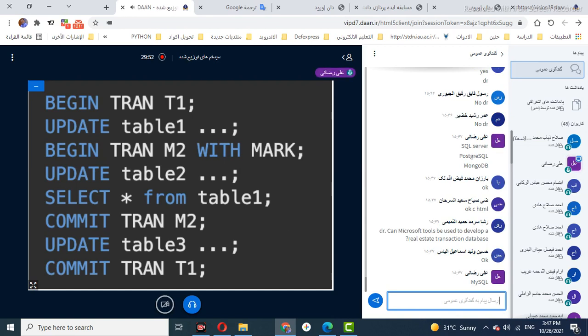Okay, dear Rasha Samad, can Microsoft tools be used to develop a real estate transaction data? You know, dear Rasha Samad, Microsoft tools can be used to create any application you think about. You should just pick the right tool and learn the proper method to develop your application.